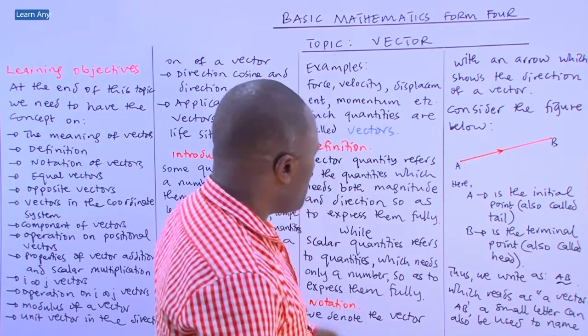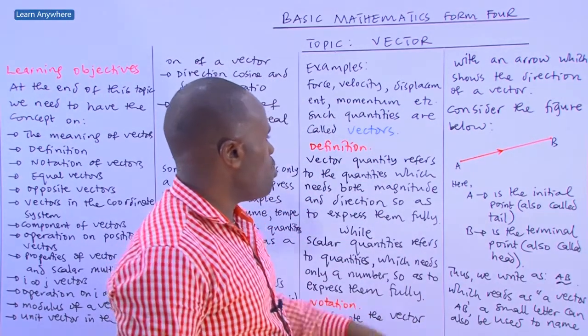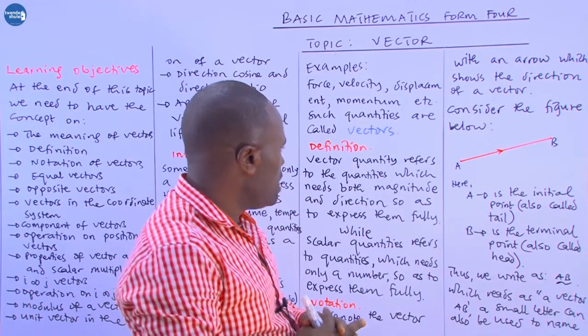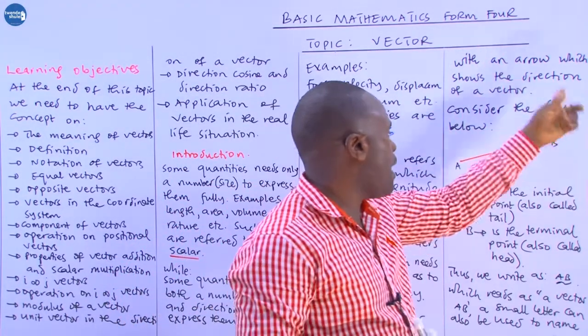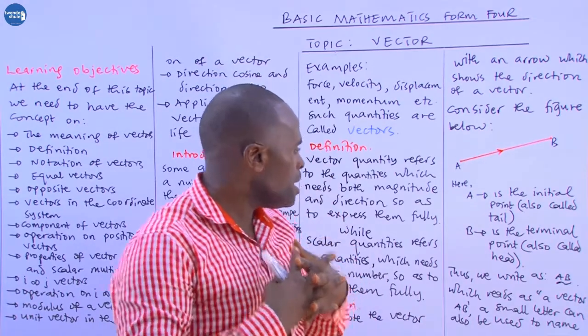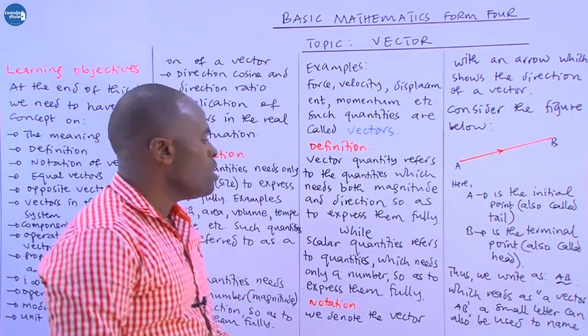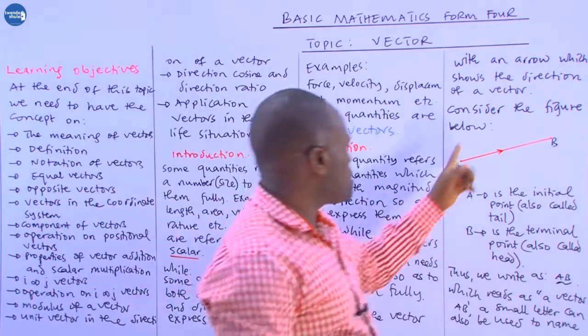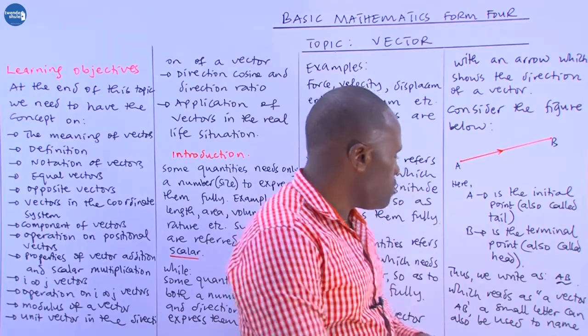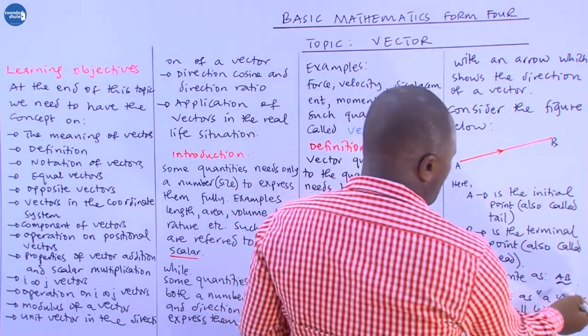The position where the vector starts is referred to as the tail, or initial point. And the end point where the vector is heading is called the terminal point, or simply head. So we write vector AB, using this symbol here, which is the symbol for vectors.